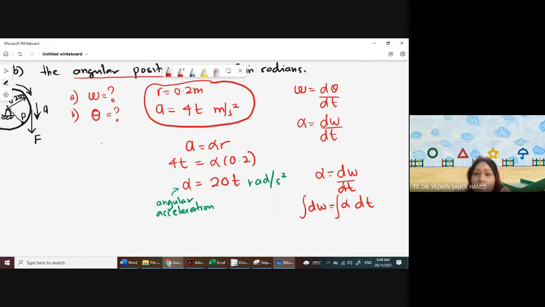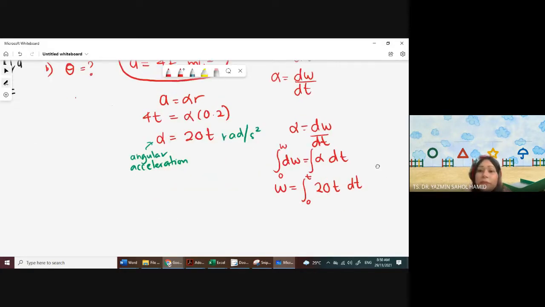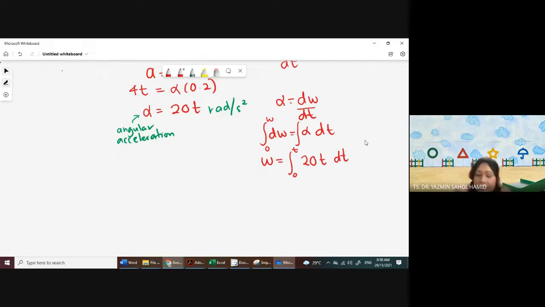First you integrate omega from 0 to omega, and this side from time 0 to t. What is our alpha? Easy, right?